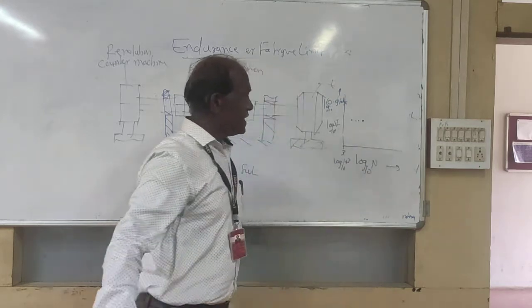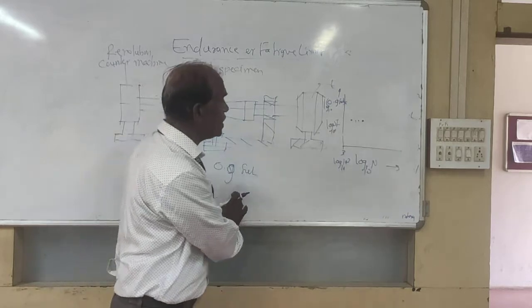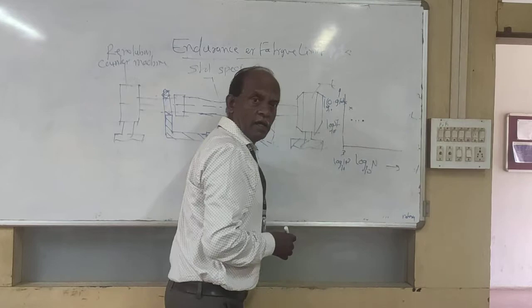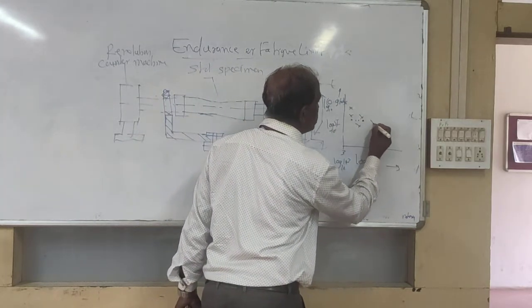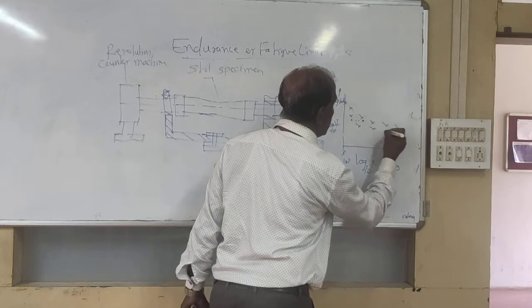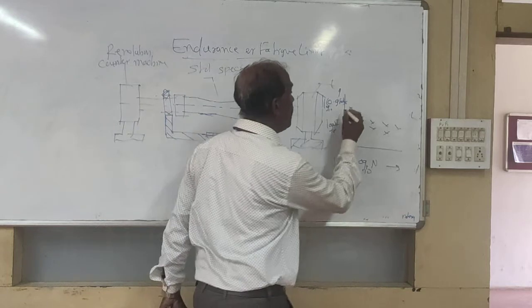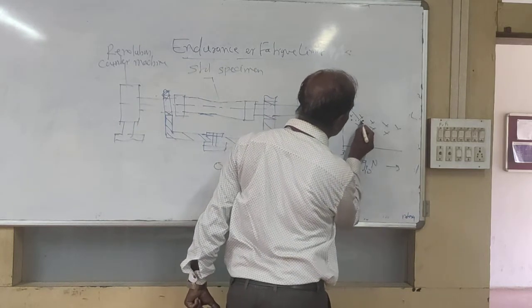The second test is like this: the load attached is lesser than this one. Again the failure point will be like this. We carry out a number of tests, and you mark each failure point and draw the average curve through them.